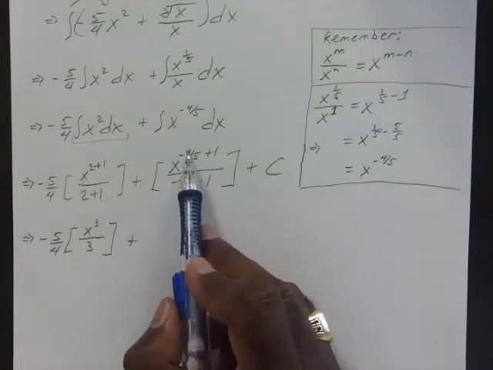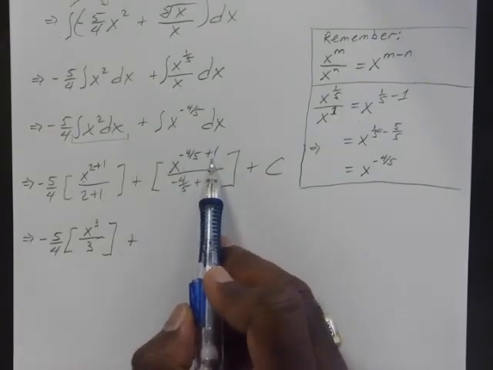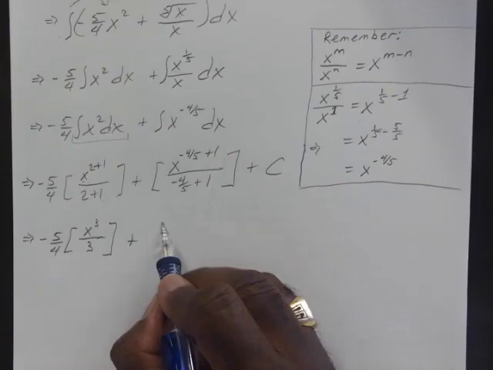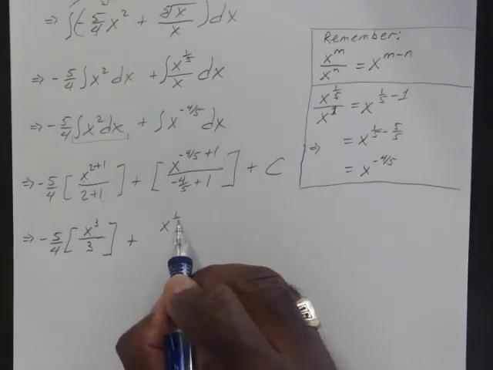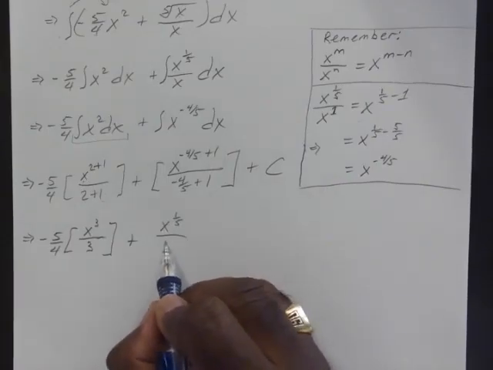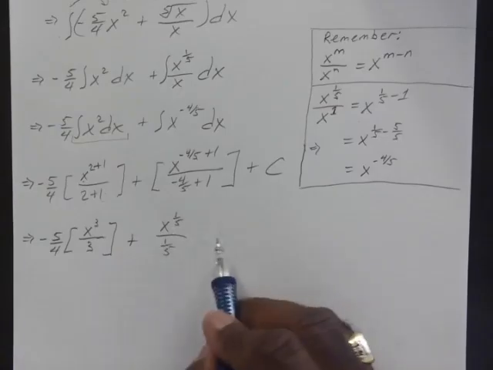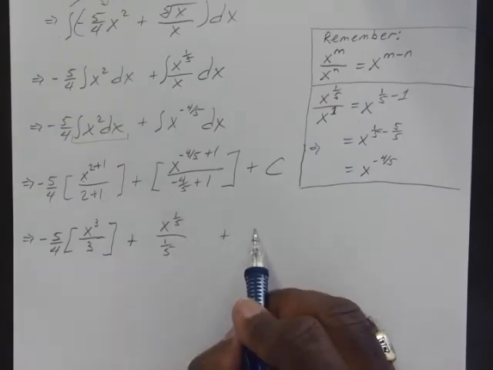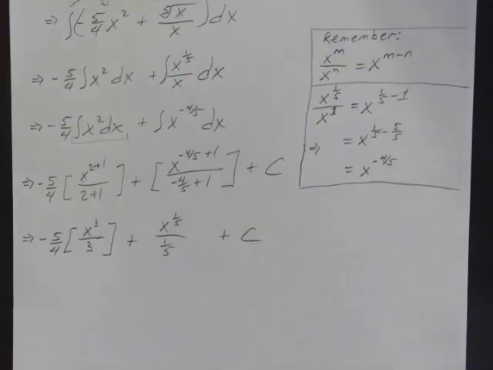Well, we can make that x to the negative 4/5 plus 5/5, which will give us x to the 1/5 power, divided by 1/5. Plus c.